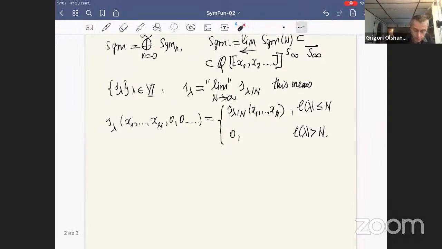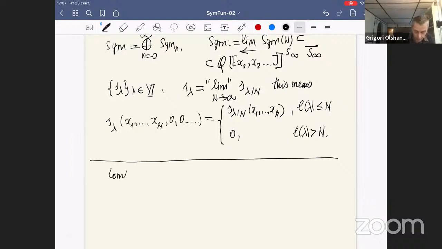Next, I would like to remind you about the combinatorial formula for the Schur symmetric function. It says the following.